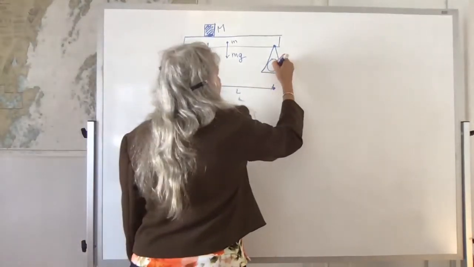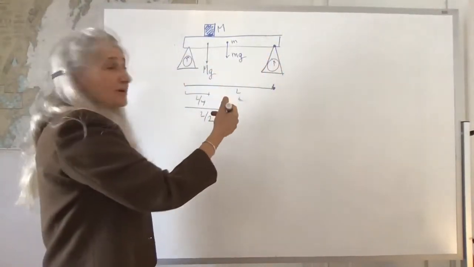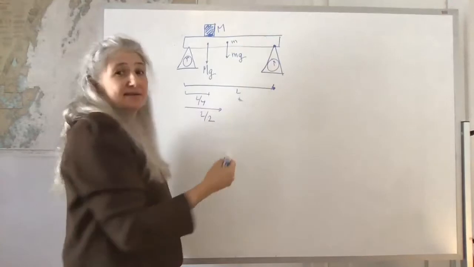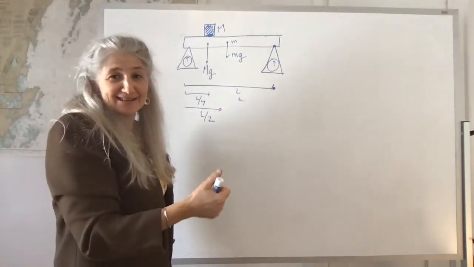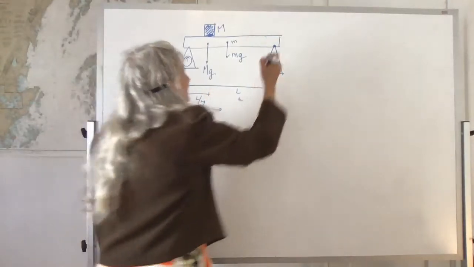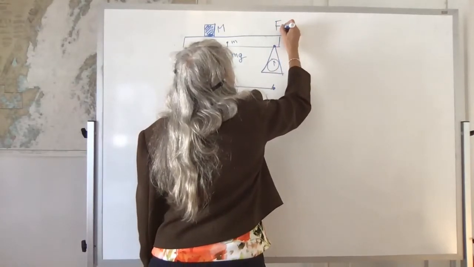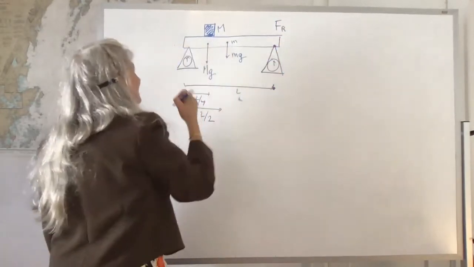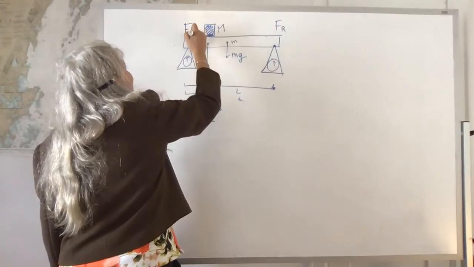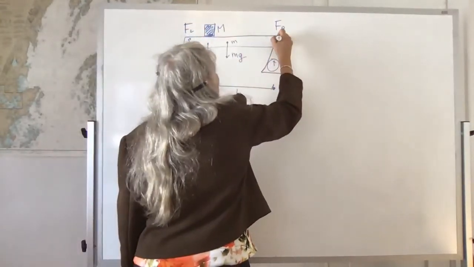So I have these scales. There's some upward force exerted. There's weight on the scale, so there's an upward normal force. We'll call this one FR because it's the right side, and we'll call this one FL. These are upwards on the board.